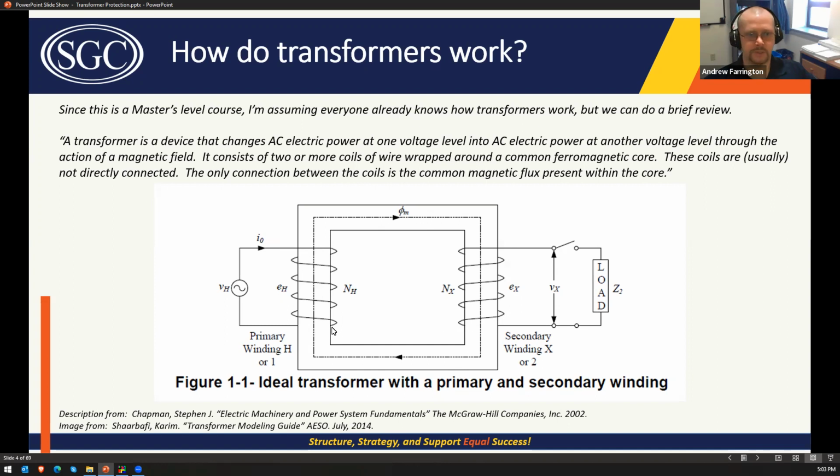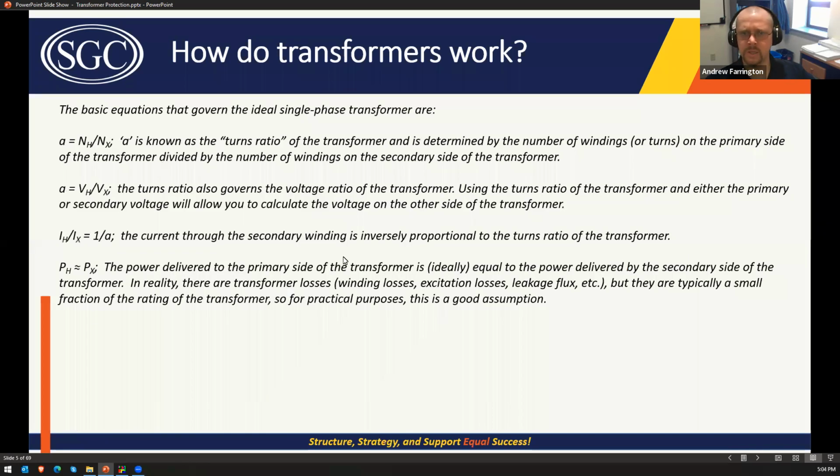The disadvantage is that you have a separation of the windings. Sometimes you may want a ground reference on one side or the other, but given your transformer configuration, you don't have that. These are things we can take advantage of, but more importantly, we need to understand the implications of.